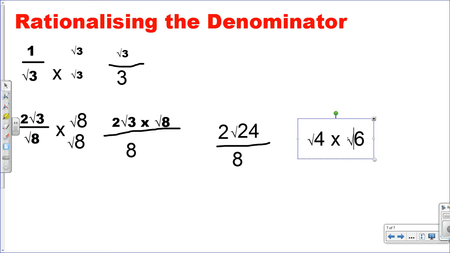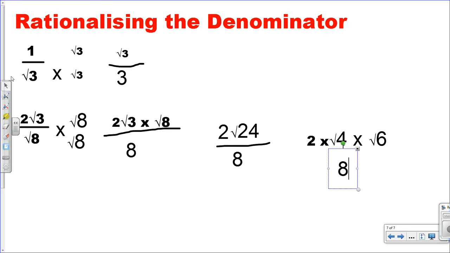So square root 4 times square root 6 equals square root 24. And we're not going to forget about this 2 here, because that 2 is still involved. So 2 times square root 4 times square root 6, and that would be over 8 still. Should really use a straight line, but being a bit lazy.